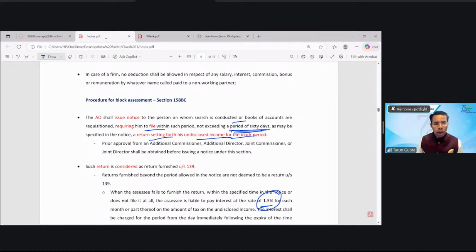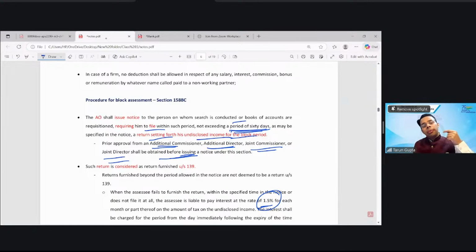But before issuing such notice, the AO needs the approval of his senior officer. And who are the senior officers? Either the additional or the joint. So prior approval of the Additional Commissioner or Additional Director, or Joint Commissioner or Joint Director, as the case may be, shall be obtained before issuing a notice.